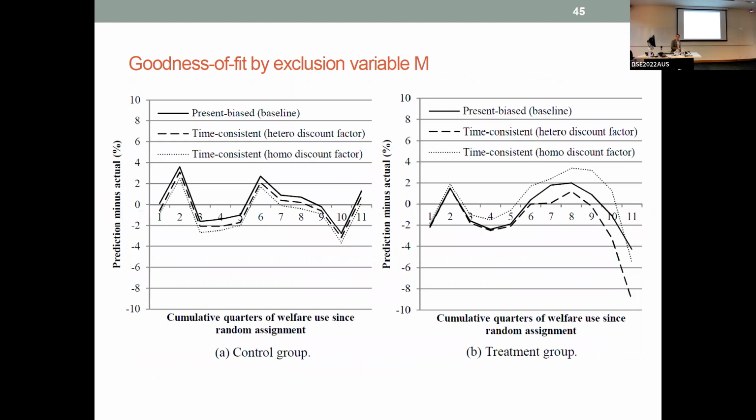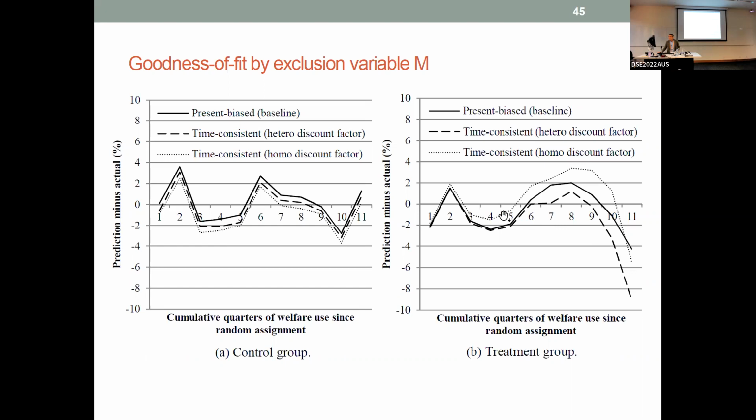And goodness of fit by exclusion variable. So these are predictions minus actual outcomes by the value of M, the exclusion variable. The baseline model gives this deviation of fit, whereas the time consistent homogeneous discount factor model, which is the benchmark model in most of the literature, would give a rather different kind of fit.